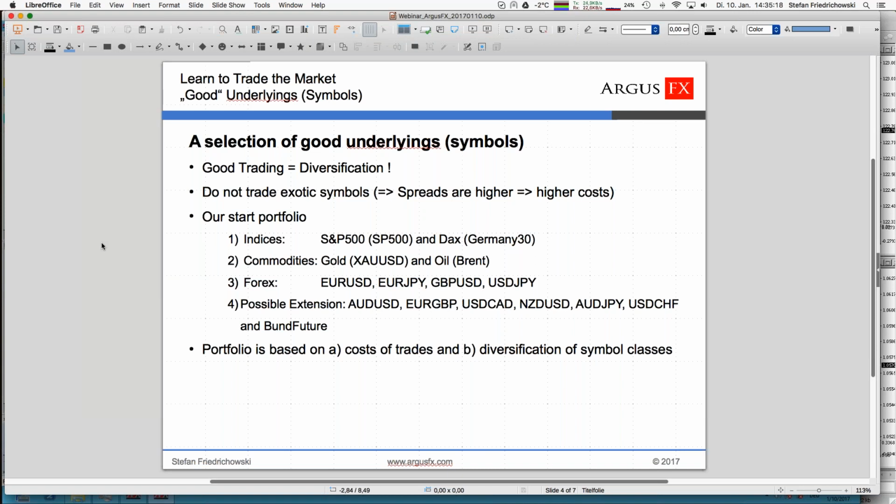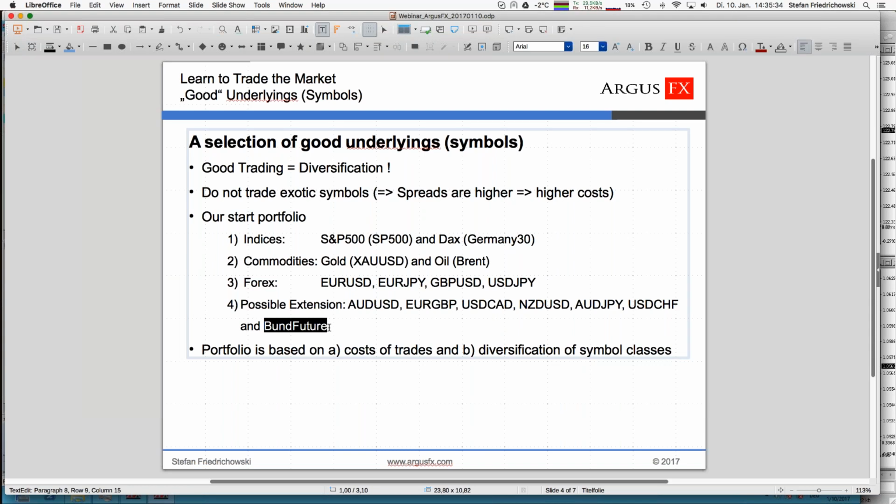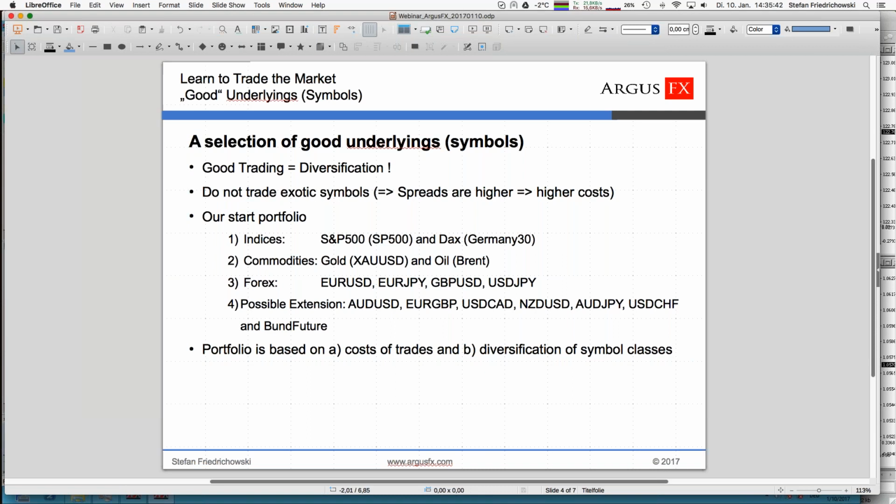So that class is called commodities. There's another class, which is simply the forex market, and the last and final one is represented, for example, by what is called Bund future. So it's related to more or less interest rates. Yeah, let's say it that way.